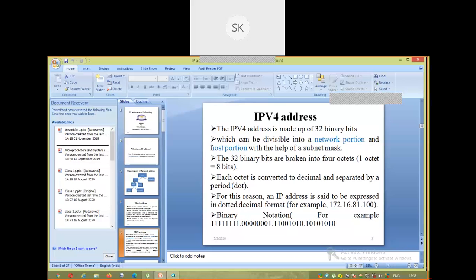If you consider INERSAL, our department, we have lots of schools: BCA, BSCIT, MCA, BTech. So as of now, consider INERSAL a network, and inside a network you may have lots of hosts, which are small portions. So a network is the bigger thing, and inside the bigger thing we have some small portions. Those are your hosts.